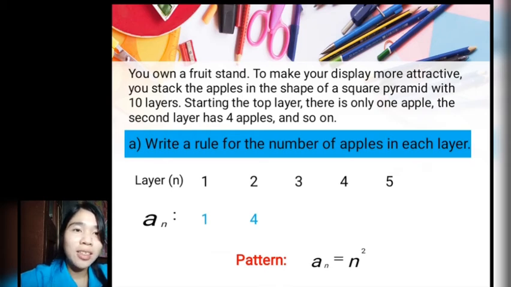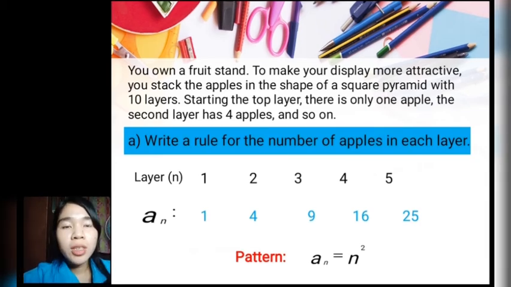Okay, so we just square the 3, 4, and 5. So, when we square 3, it will become 9. Then, when we square 4, it will become 16. Then, we square 5, it will become 25. So, we have the 9, 16, and 25 as the third to the fifth terms.